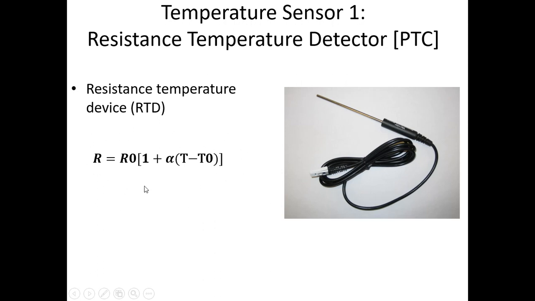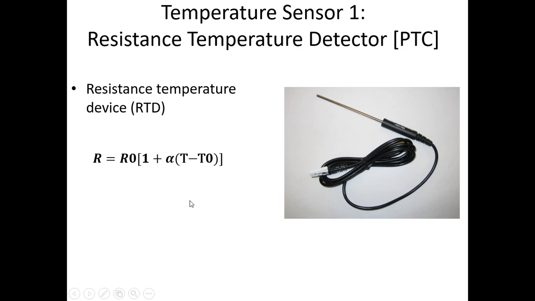So for example, if you are considering 10 degrees as the reference temperature, then the actual temperature could be 20 degrees. In this case, we'll have 20 minus 10, which is the temperature difference, multiplied by the constant alpha. Then we add 1 and multiply by the value of R0. R0 is nothing but the resistance corresponding to the reference point.